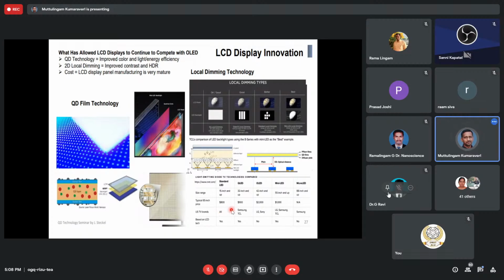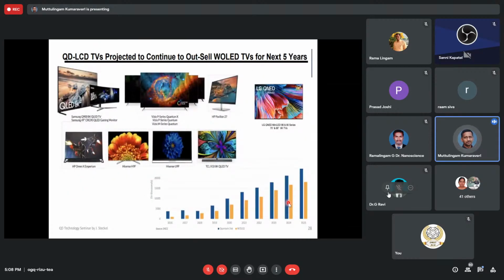Here there are different TCL, the Chinese manufacturer making their LCD and quantum dots, and how they moved from using the backlight to OLED, QLED and macro OLED. I'm going to show this in the next slides.